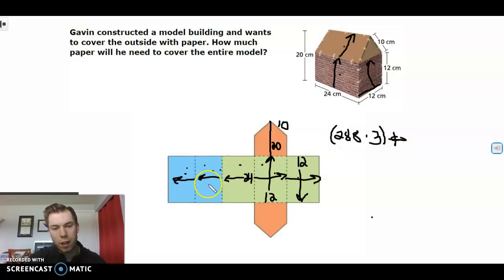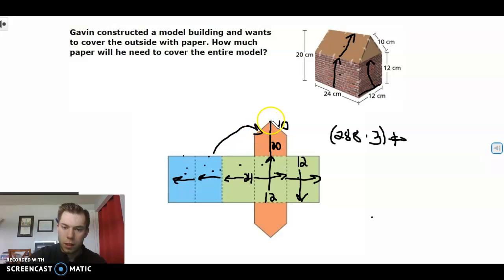Now let's take a look at these blue ones. We know that the sides of the rectangles here are 24 centimeters. But where are we going to get these sides? Well, if you remember, this is the roof part. And when you bring the flap back up, this is going to connect here. That means this is going to connect here.